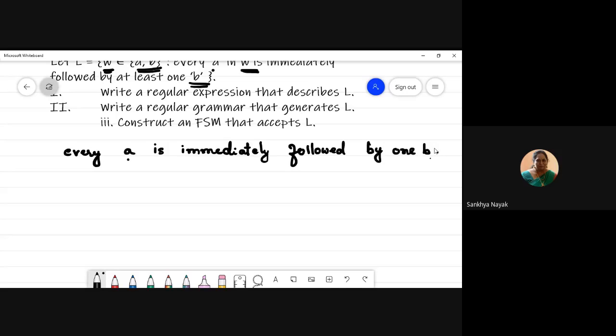So what all will be accepted by this language?